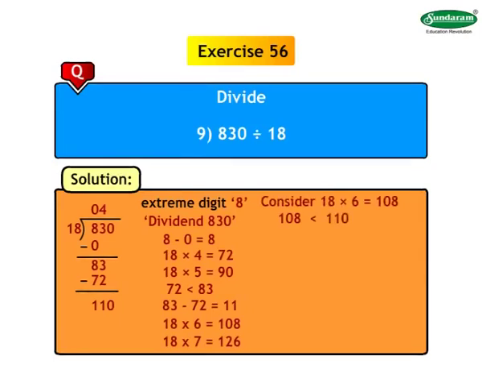Considering 18 into 6 is equal to 108, we have 110 minus 108 is equal to 2. Thus, 46 is the quotient, remainder is 2. Therefore, answer is, dividing 830 by 18, we get quotient is equal to 46. Remainder is equal to 2.